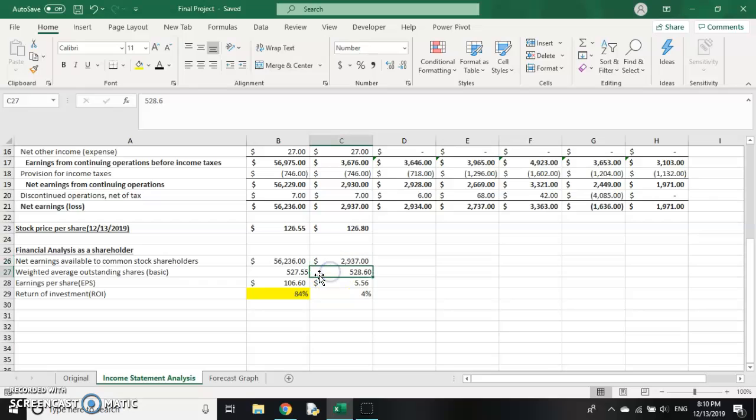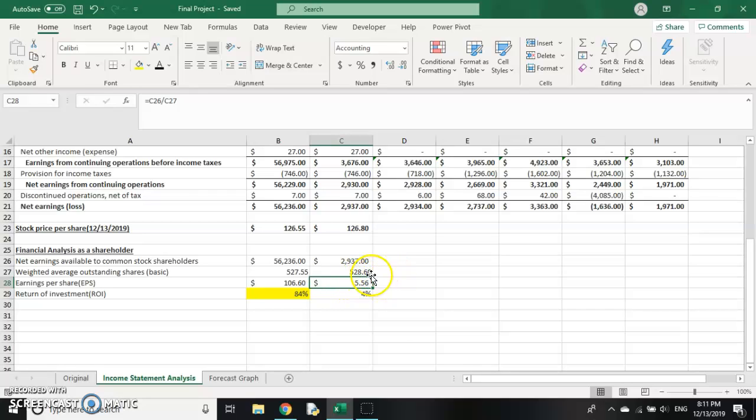And this is the weighted average outstanding shares. It means how many shares of Target are being held. And this is earnings per share. It basically means how much money you earn for every single Target share that you hold.